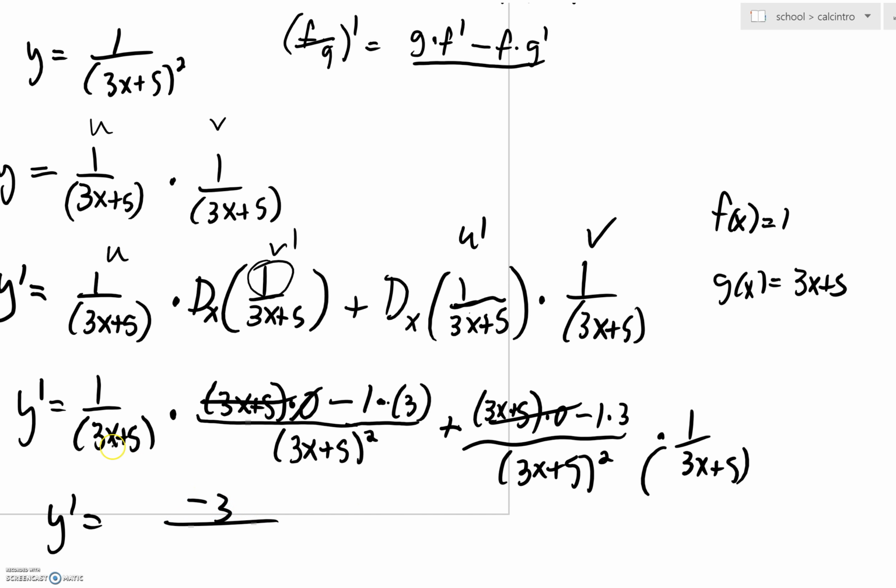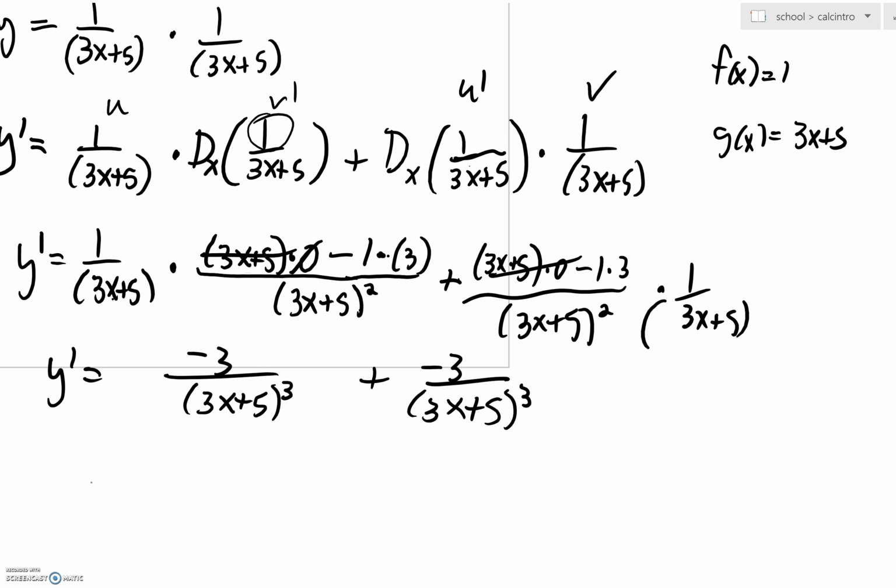And by the way, we'll have a 3x plus 5 times a 3x plus 5 squared. That's going to be 3x plus 5 cubed. And when you come over here, you're going to see it's exactly the same thing, because we're really dealing with the exact same expressions. What's your final derivative? Final answer, negative 6 all over 3x plus 5 cubed.